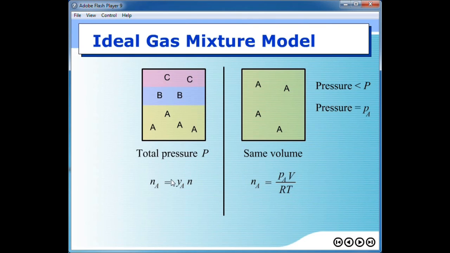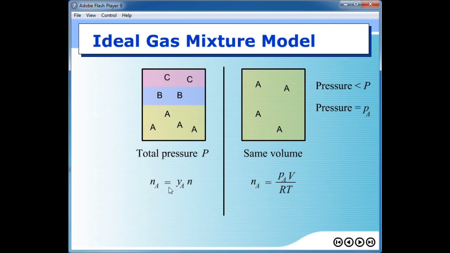On the left-hand side, I can calculate the number of moles of A in this picture based on the total number of moles multiplied by mole fraction. In this case, in gas phase, from now on, we are going to use yA to represent mole fraction of A in gas. xA would be mole fraction of A in liquid phase.